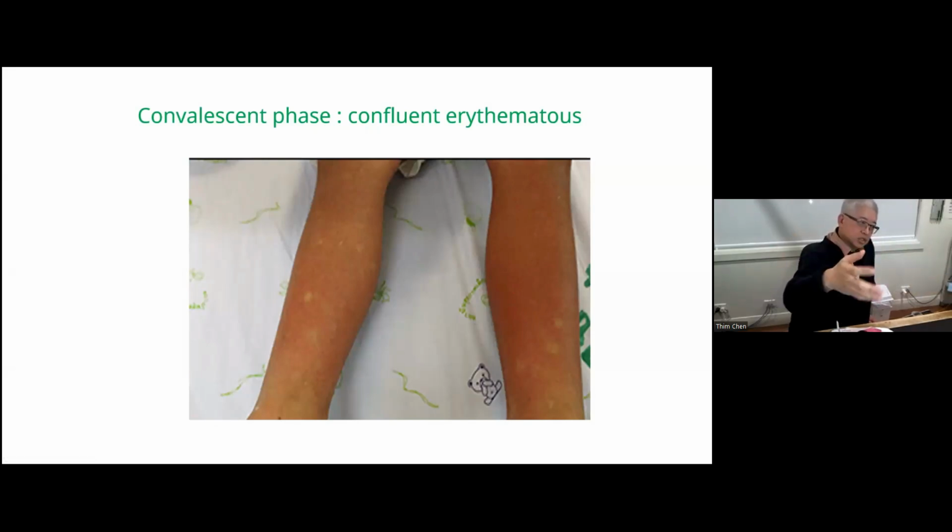The critical phase is the one that has no rash, or sometimes intermediate, when we are trying to move from febrile phase to critical phase. So you might be seeing the rashes fading out. Then the convalescent phase is when you see the islands of white in the red. So this is a very beautiful picture in the confluence.